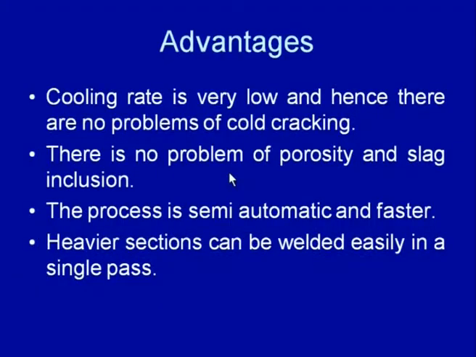If we see the advantages of this electroslag welding process, the typical nature of this process is that it applies the heat to the base material by developing the heat through electrical resistance heating, and the heat being generated is passed to the base material by flow of heat from the molten flux to the base material to make sure that the melting of the base material takes place.